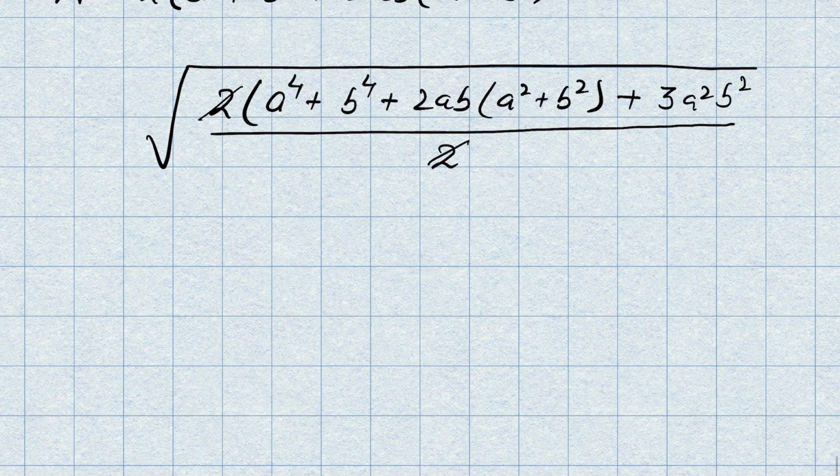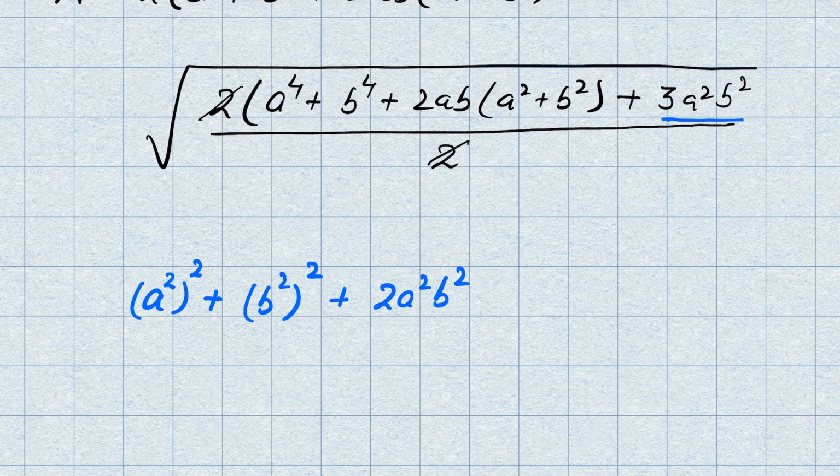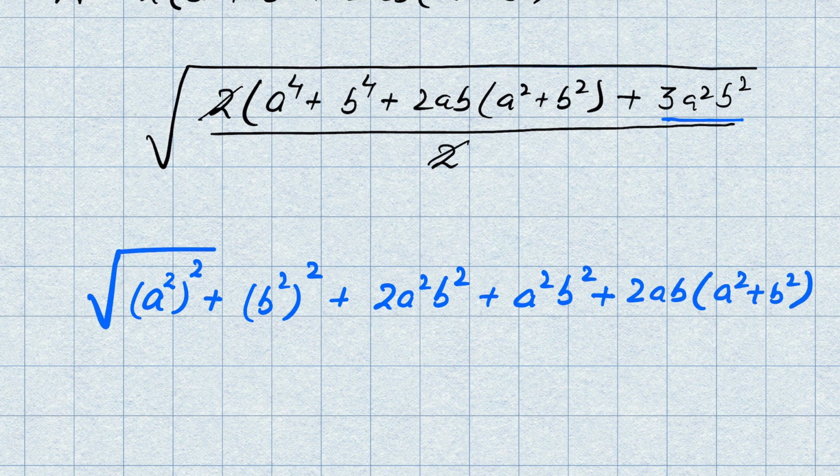Now we have A to the power 4, which we can write as A square and whole square, plus B to the power 4 as B square and then whole square, plus this 3A square B square as 2A square B square plus A square B square plus 2AB parenthesis A square plus B square under square root.